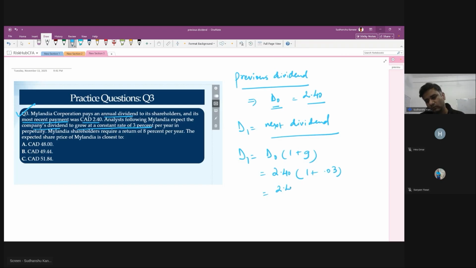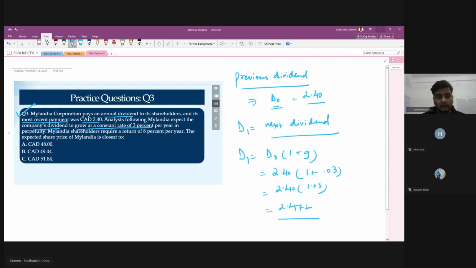So 2.40 multiplied by 1.03. What is it? 2.40 into 1.03 is 2.472, right? 2.472.